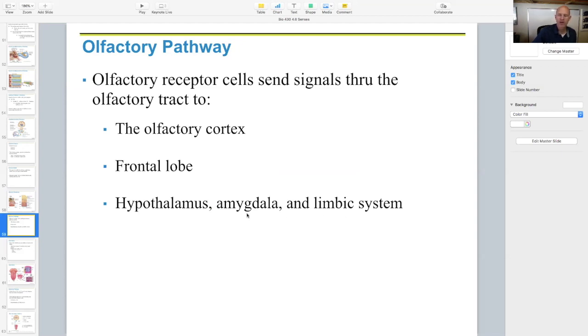If we were ever in a fire and people were injured, that smoke would raise alarm systems in our fear center based on past experiences. So smell will also affect memory, emotions, and it stimulates our stomach secretions, all kinds of things. So we're going to be having signals go to olfactory in our temporal lobe, frontal lobe, and then the limbic amygdala hypothalamus areas.